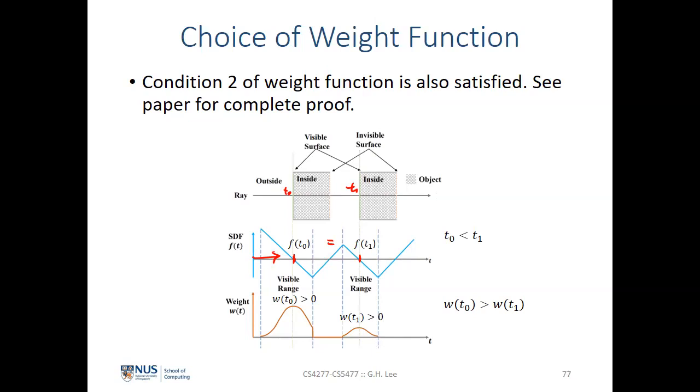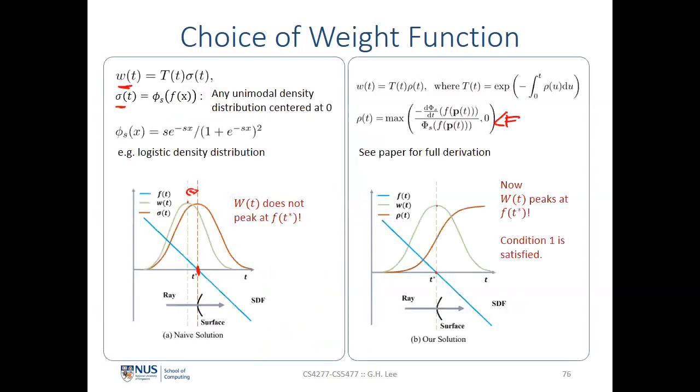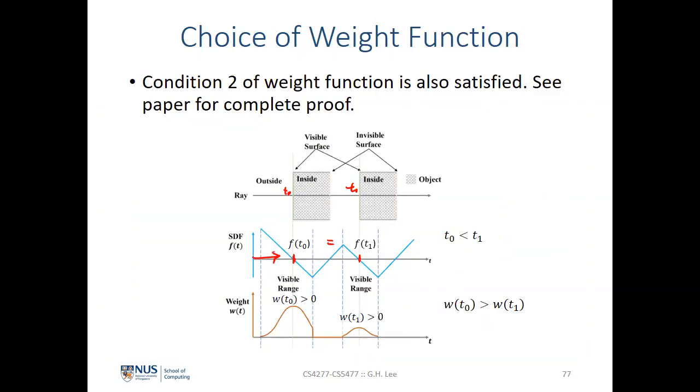So the first surface should contribute most to the rendered color because the other one is occluded already, right? So the weight of T0 must be more than T1. And they show that this is true. Actually, they prove it in the paper.